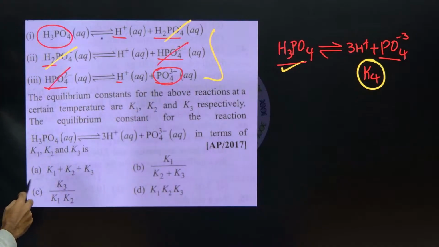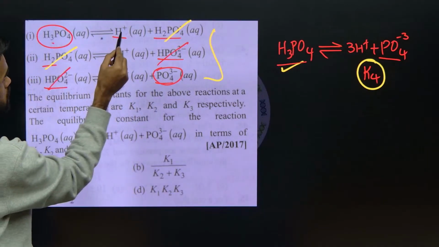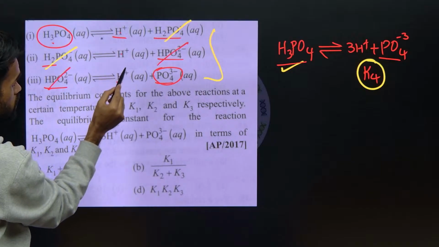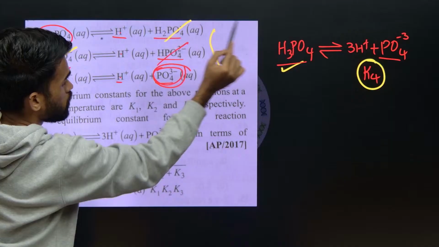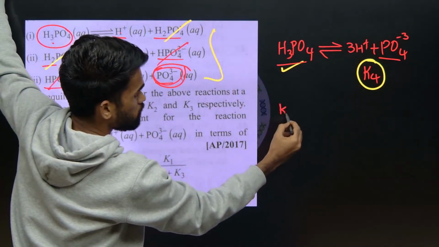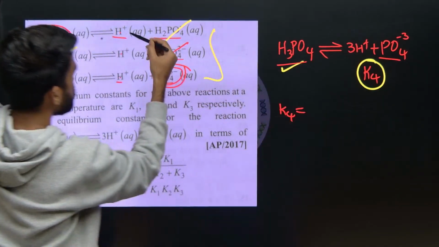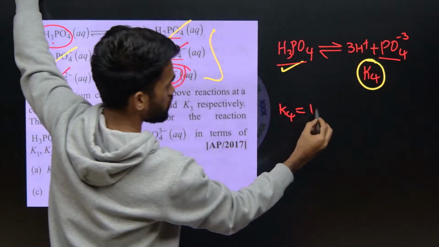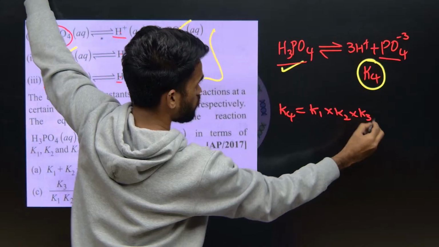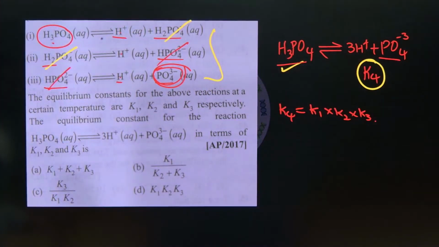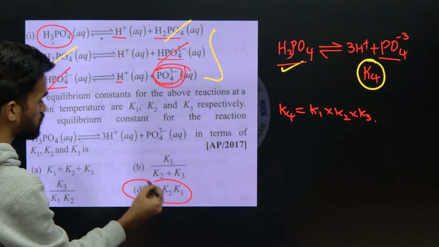So finally what we have, H3PO4 plus 1H, 2H, 3H. So 3H plus and one remaining phosphate, that's it. So it means K4 is nothing but the multiplication of these three steps, K1 into K2 into K3, that's it. So where do we have this kind of equation? Right, option 4 will be your perfect answer for the question.